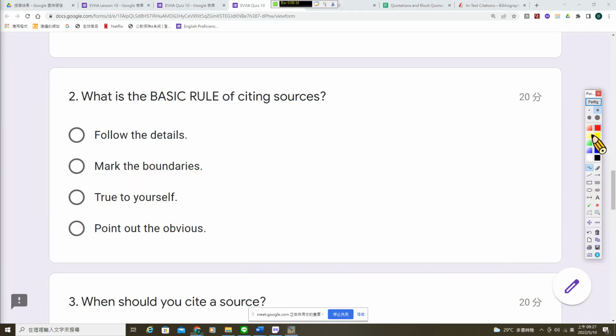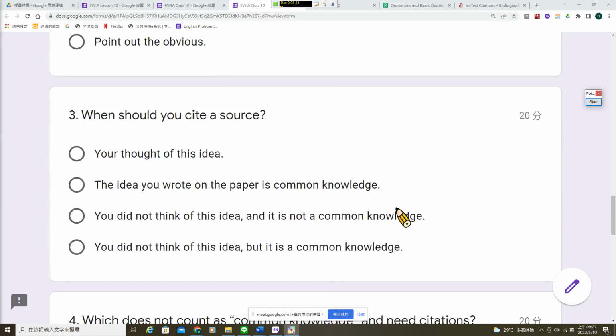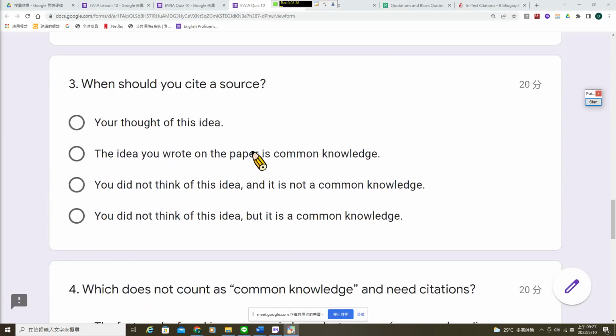So remember, it's very important to mark the boundaries. Just keep that in mind. And the next question is, when should you cite a source? Basically, if this is your idea, your own thought, you don't have to.